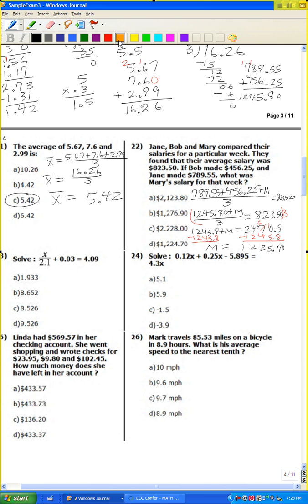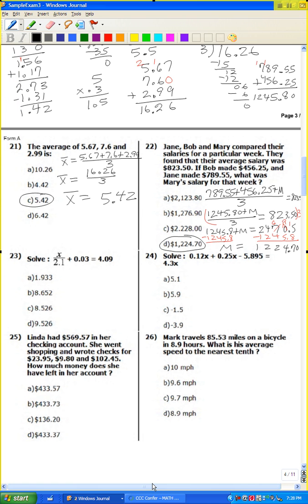Oh, you stupid. I had to borrow one from this. So that's a 4. And so the answer is D. $1,224.70.